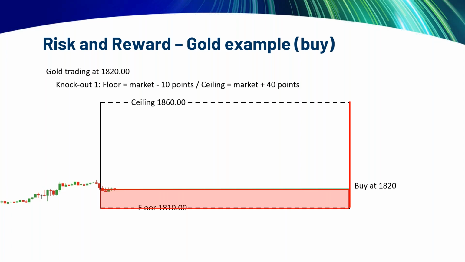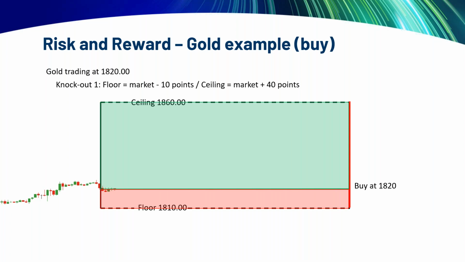So let's look, what does my risk reward profile look like? Well, my risk is the red. It could go down to the floor. And what is my potential reward? It goes all the way up to the ceiling. It's the green. And you can see how much risk I am taking if I were to buy this compared to the potential reward. Right? This is what a knockout really looks like. I find this picture helps.